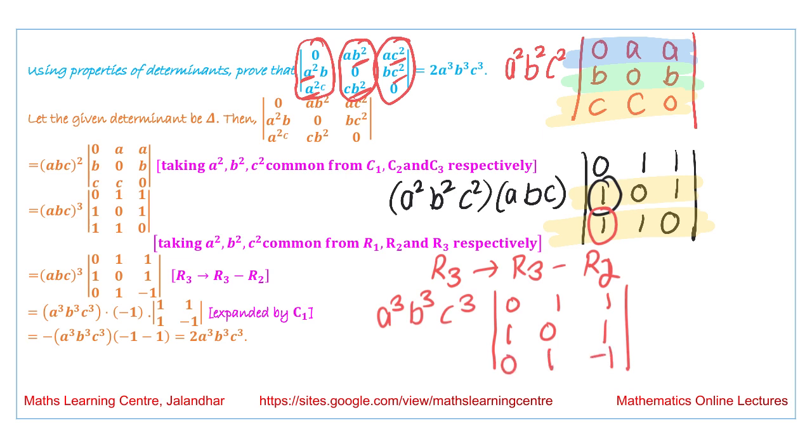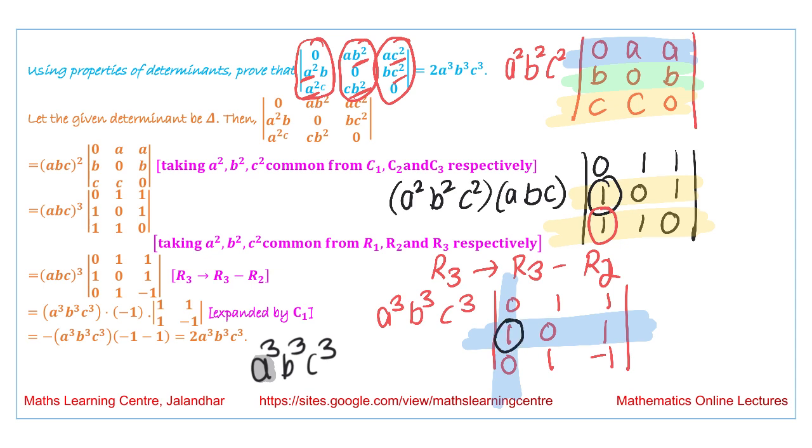Now if we open this determinant along this first column, what we are left with is a cube, b cube, c cube.